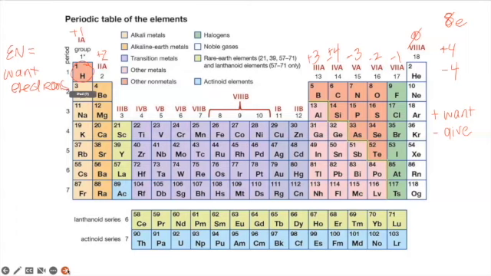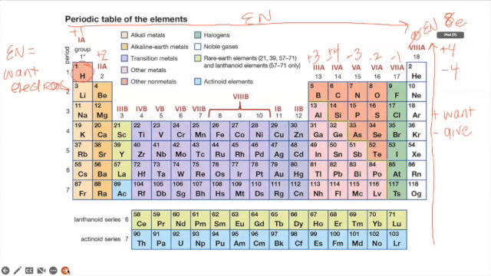So if we look at the periodic table, the trend of electronegativity increases as we go to the right and increases as we go up.